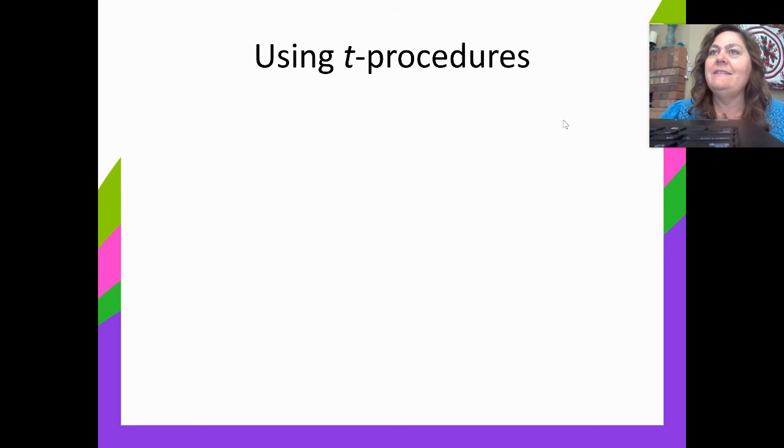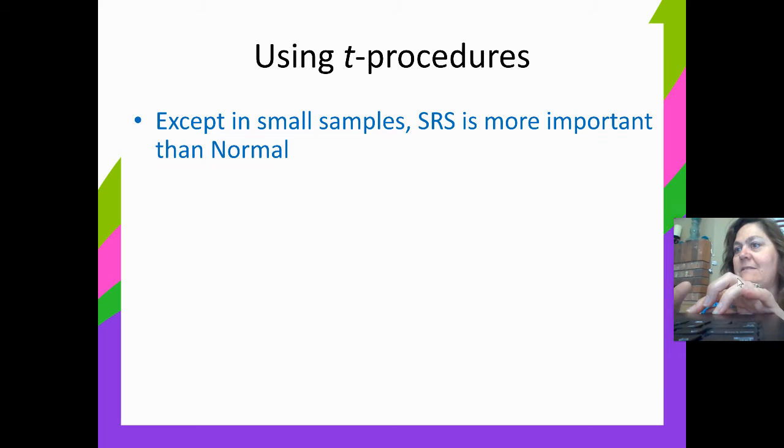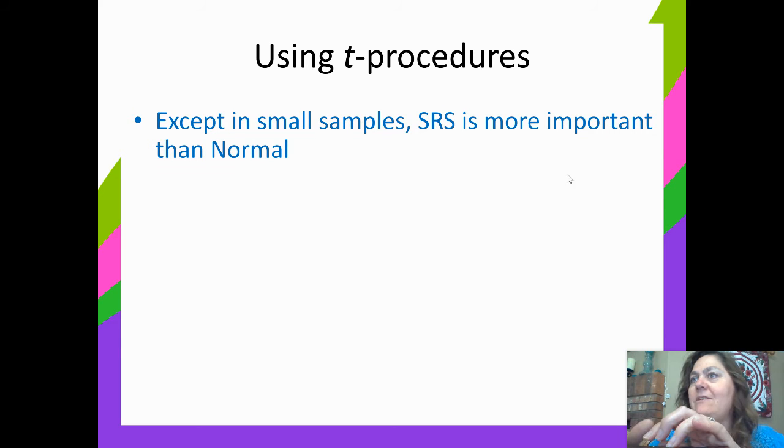Remember earlier I said that we just have one other thing to think about, and that is when using our T star. Okay. These T procedures, it's called a T procedure for a CI. Except in small samples, and this could be a multiple choice question on the next test.